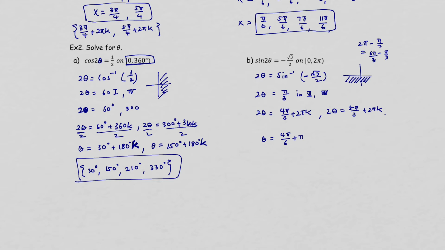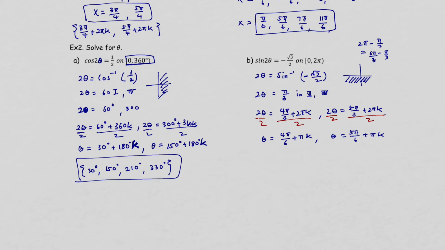Plus, divide by 2, cancel out 2, so it will be pi k. Same thing on this one, divide by 2, that becomes 5 pi over 6 plus pi k. Don't forget I'm dividing by 2 on both sides of the equation.